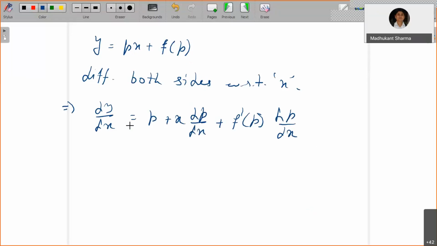Now dy by dx and p are the same thing, so they cancel. So this implies x plus f dash of p times dp by dx is equal to 0.